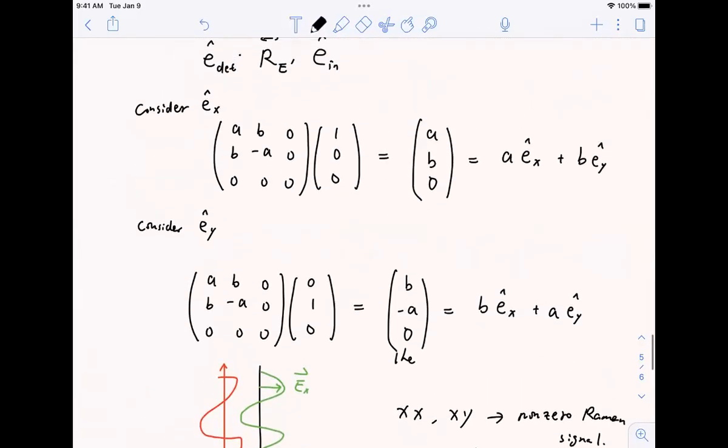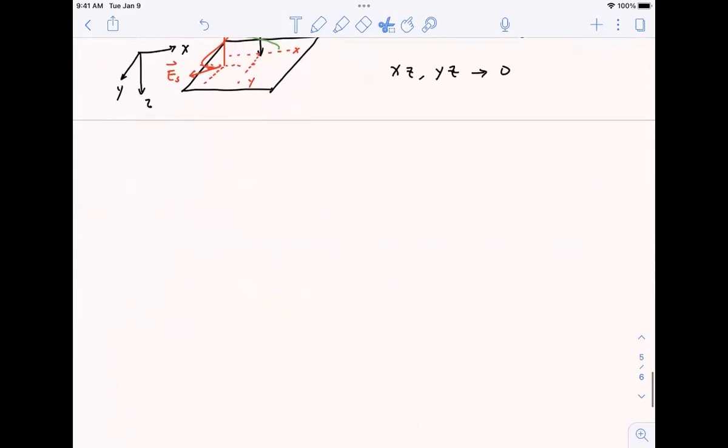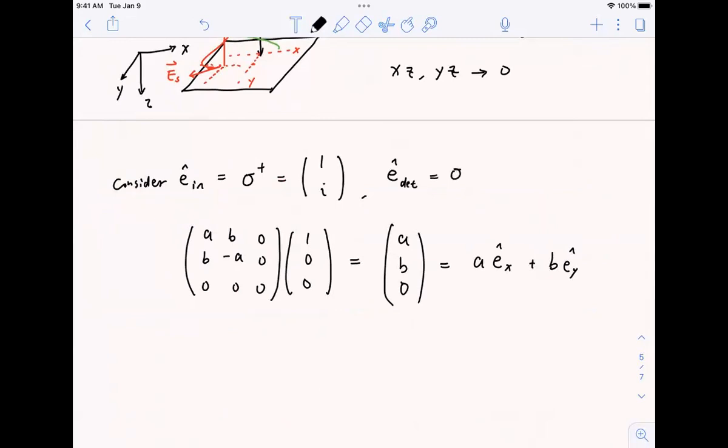But here, there's one thing that's very interesting. Suppose now you use circularly polarized light. Consider E incident equal to sigma plus. That means 1, i. And then E detection equal to sigma, also sigma plus.